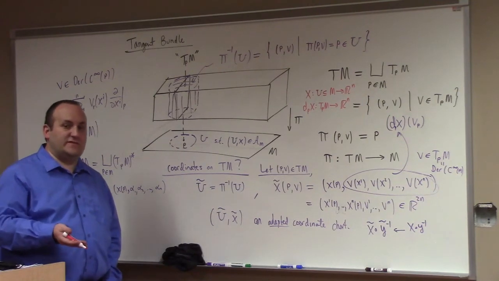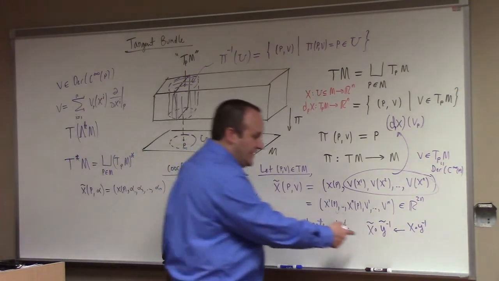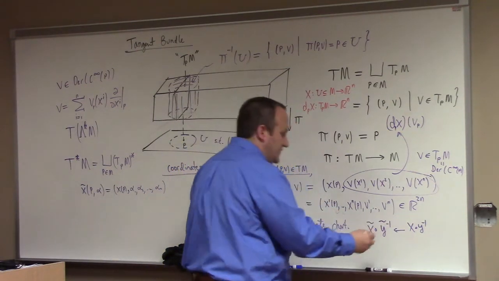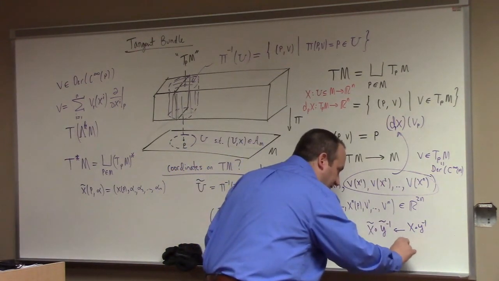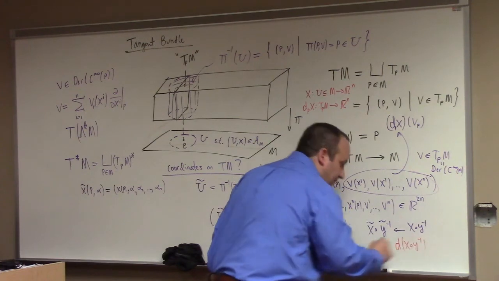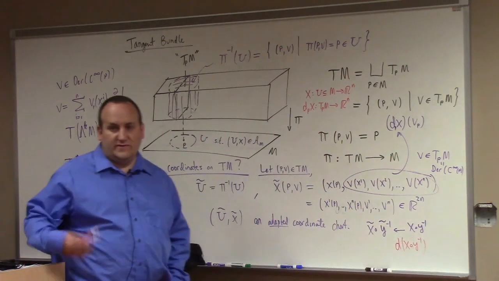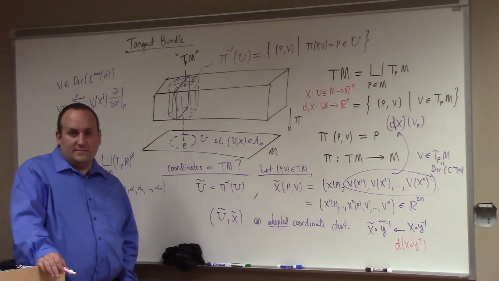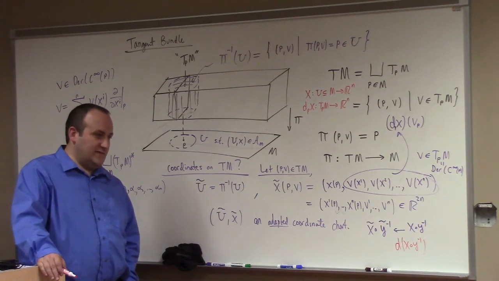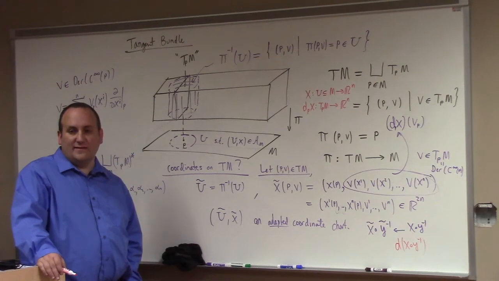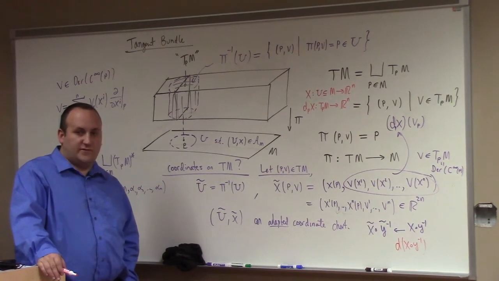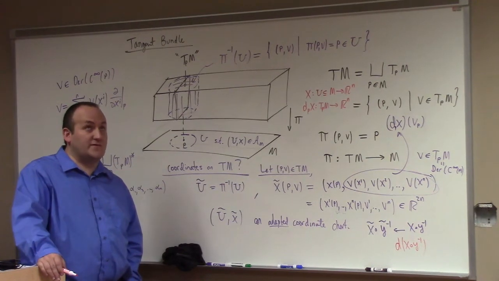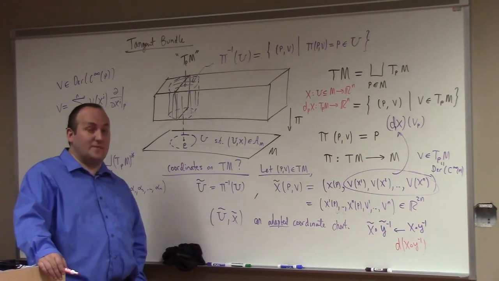But this identification is super nice, because when you look at the transition functions, you end up looking at something like the differential of x composed with y inverse, which then is still smooth because it's the differential of a smooth thing. Anyway, you can prove that the adapted charts to compatible charts are in fact themselves compatible.